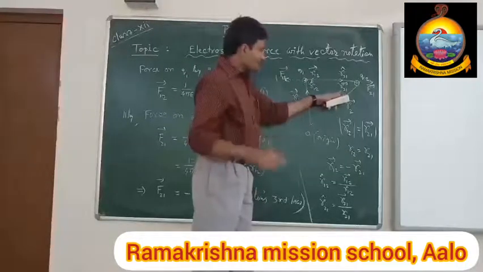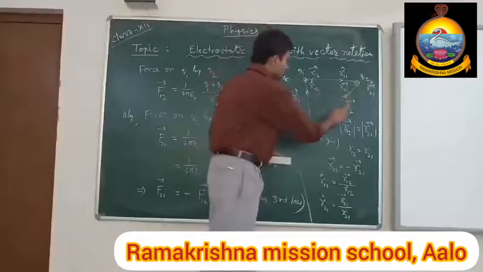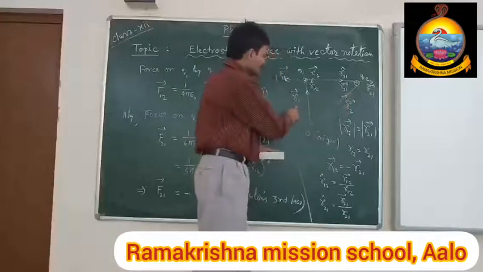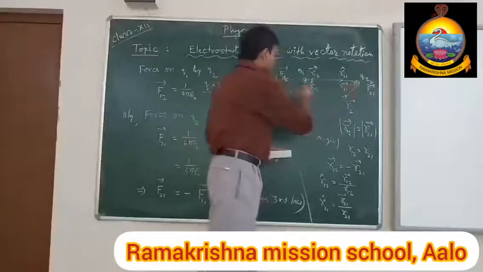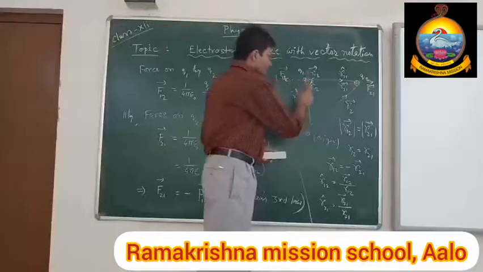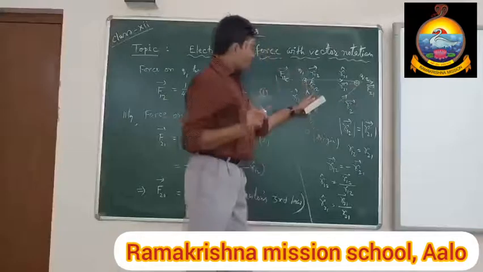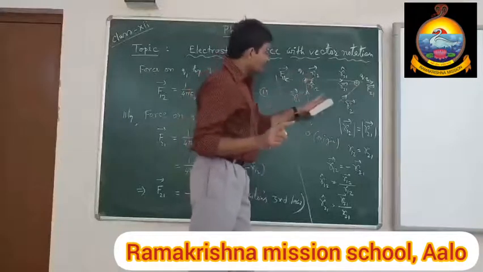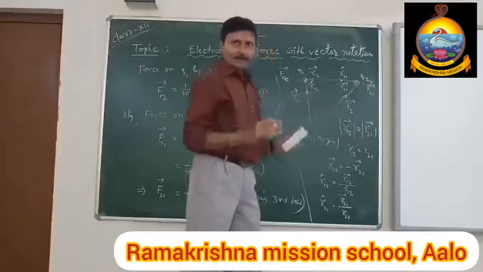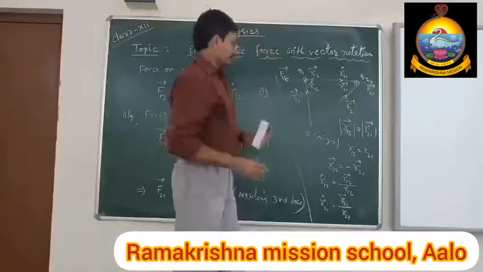By the tail to tip method, we can show r21 vector is equal to r2 vector minus r1 vector. Similarly, for displacement from this point to this point, the displacement vector is r12, and r12 vector is equal to r1 vector minus r2 vector. Both are obtained by the tail to tip method.